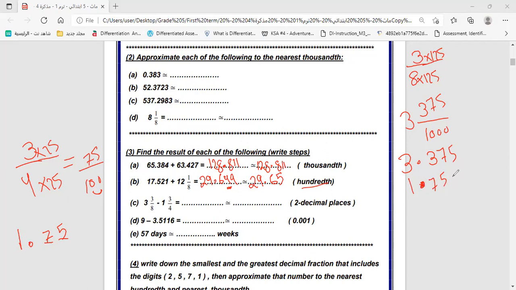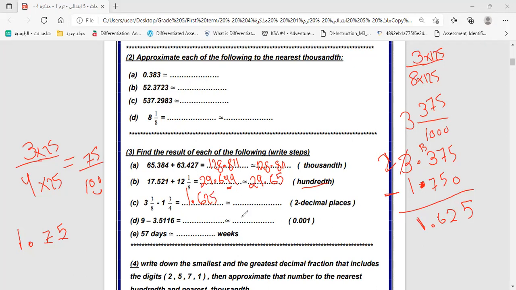Okay, what am I supposed to do here? Put 0, please. Put a 0 in the empty place. Then subtract. 5 minus 0 is 5. 7 minus 5 is 2. 3 minus 7, it cannot be, so we will borrow 1. 13 minus 7 is 6. 2 minus 1 is 1. This is the answer as a decimal.